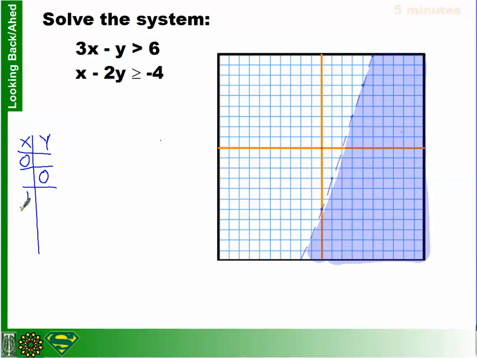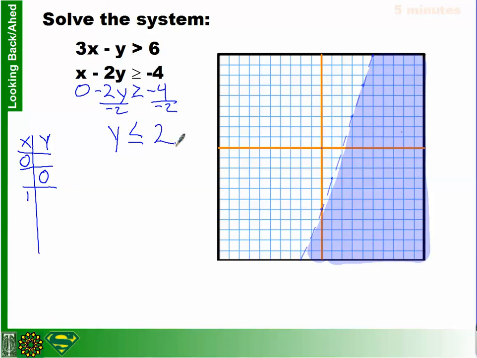So if x is equal to 0, I'll have 0 minus 2y is greater than or equal to negative 4. So then divide both sides by negative 2. So negative 2y divided by negative 2 is just y. I'm going to flip the sign because I'm dividing by a negative. And negative 4 divided by negative 2 is 2.